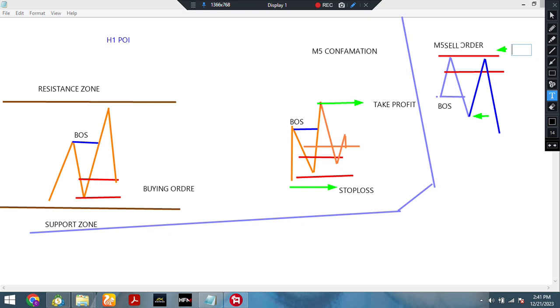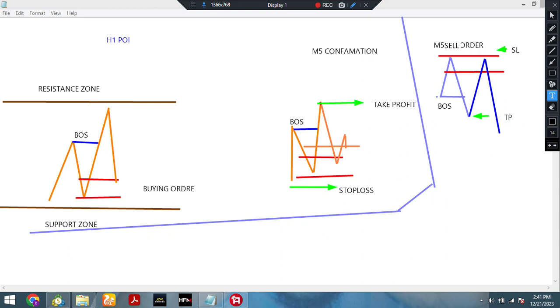So price might want to take those stops before it starts going down. So you can just put it at the top of the swing high. That will become your stop loss, which is SL, and here will become your TP. You can use your Fibonacci to do that if you are finding it difficult. Now this becomes your TP, take profit.